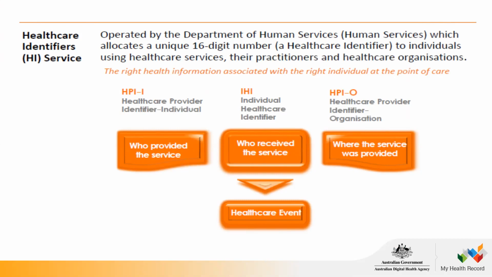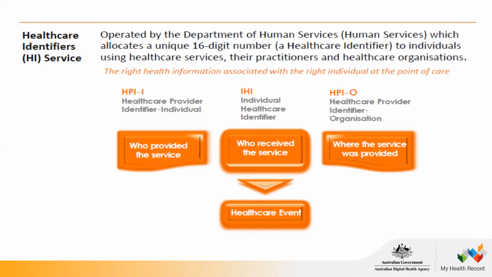Then within the organisation, each individual provider, so every healthcare practitioner, whether that's a doctor, a practice nurse, or some allied health providers that may work in your practice, each individual will have already been assigned their own HPII, and that stands for Healthcare Provider Identifier Individual.